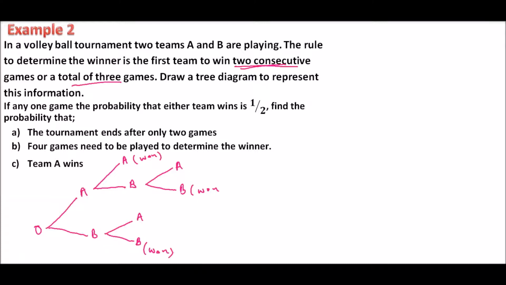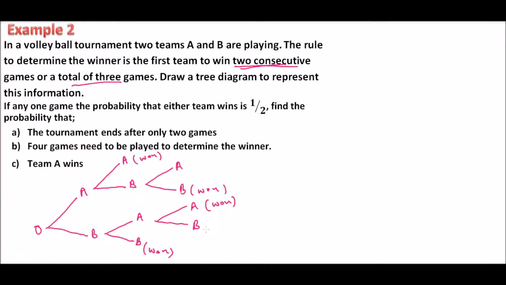Alternatively, in our other branch, if B wins the first game and A wins the second game, then in the third game A can win. If A wins, then it has won the tournament because it has won two games. If B wins, then it means that the game has to continue.